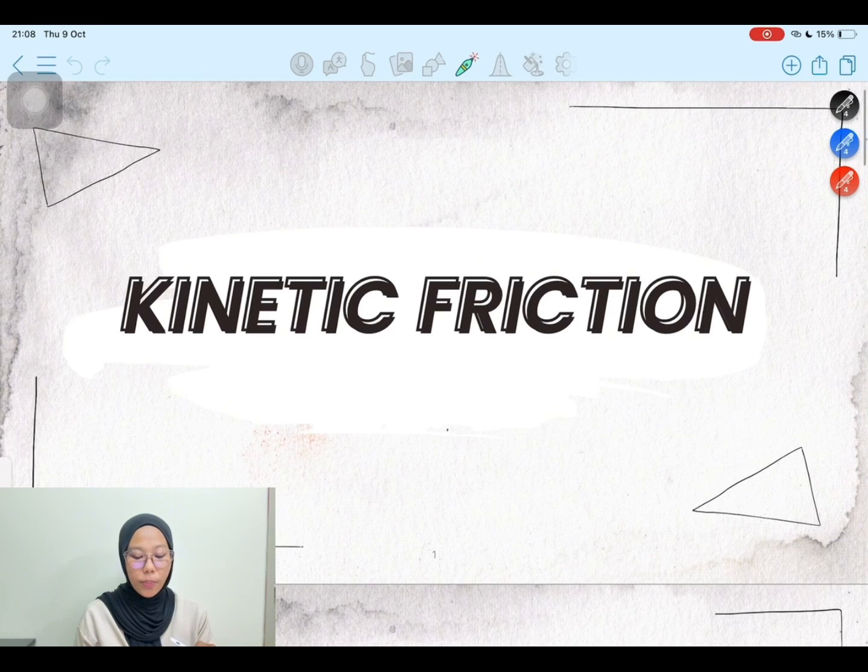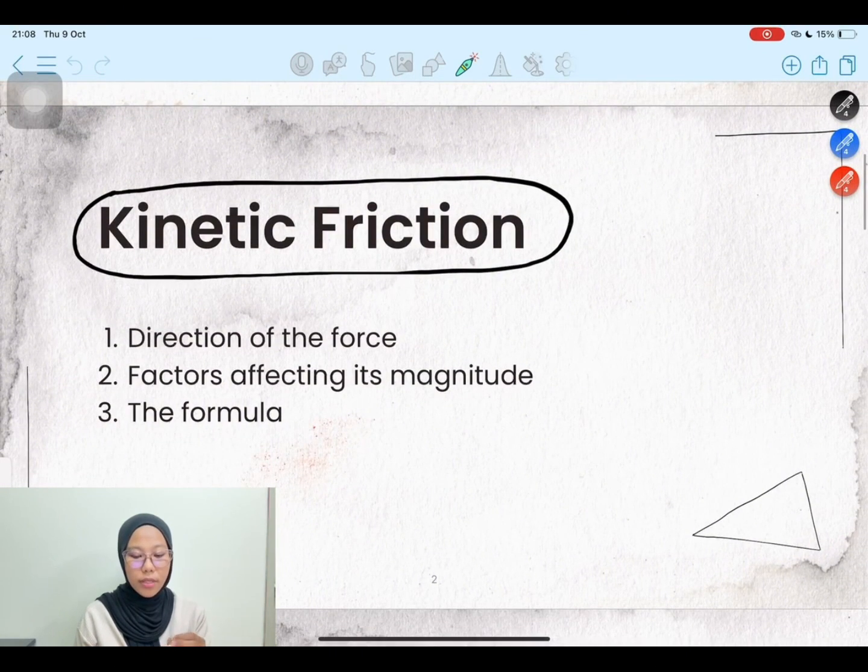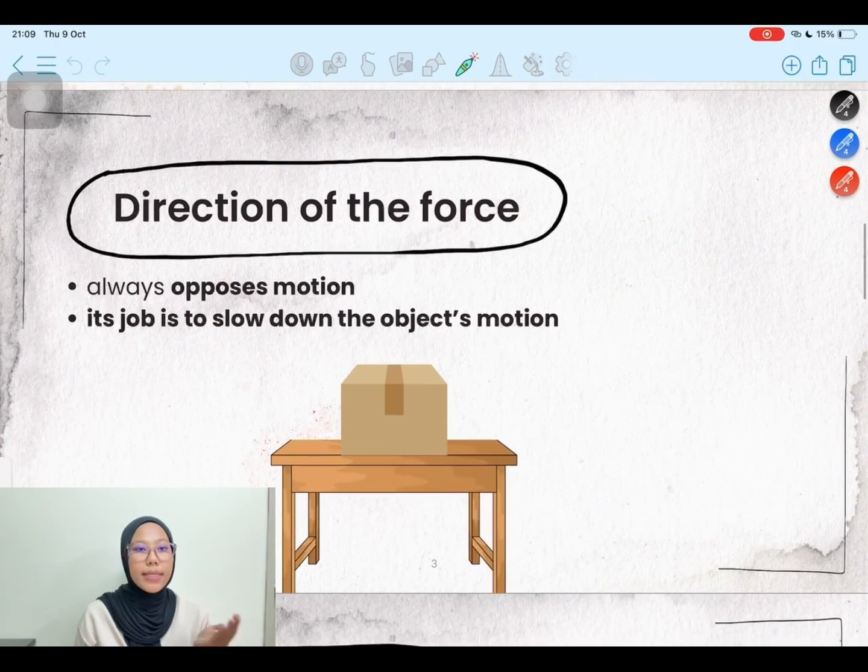In this topic, we will look at the direction of the force, factors affecting its magnitude, and also the formula. So what is actually kinetic friction? Kinetic friction is a force that opposes the motion of the object's direction, and its job is to slow the object's motion.